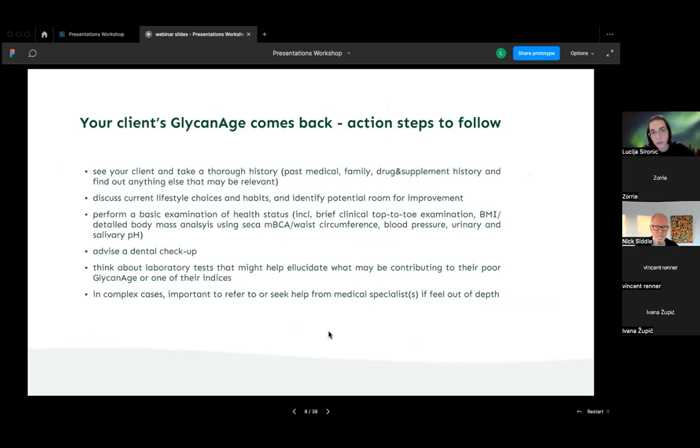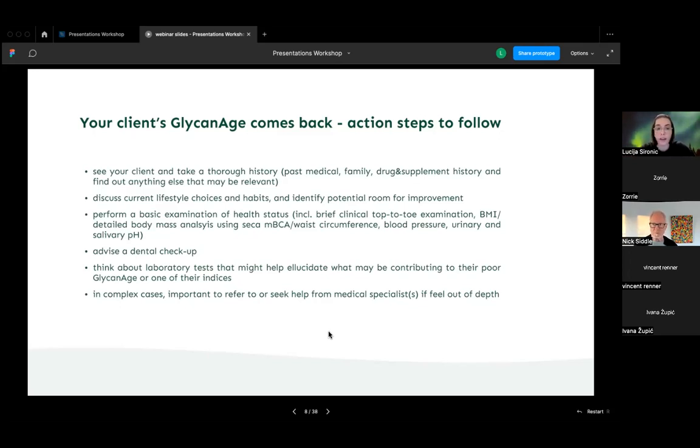Once you have your client's GlycanAge, you should really try to see them. Obviously, this all depends on how well you know them. I do assume that some of you will have clients who keep coming back to you, but the better you know your clients, the easier it will be for you to understand what is going on with them.